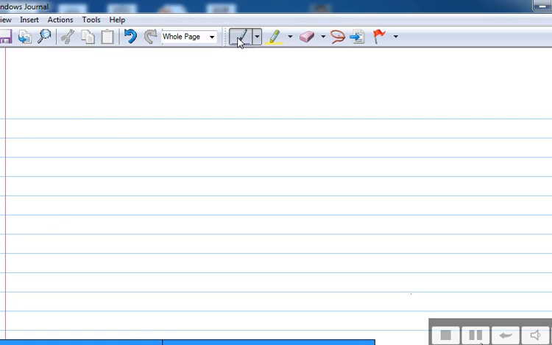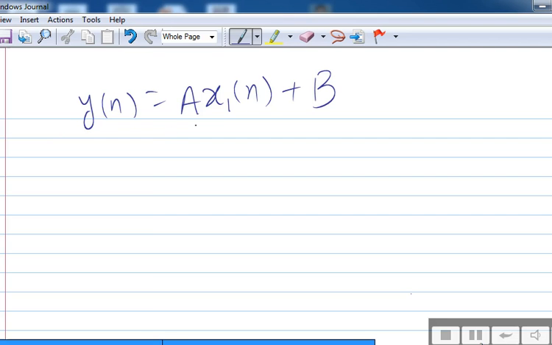Say y(n) is equal to a x(n) plus b. Okay, this is my system, which takes only x as input and y as output.